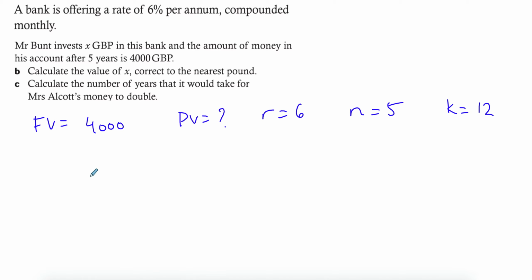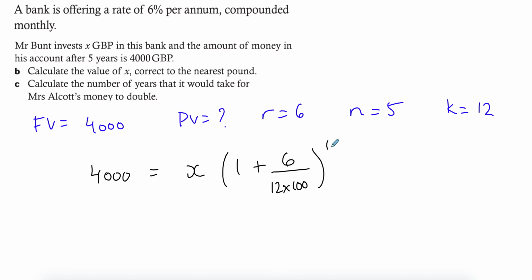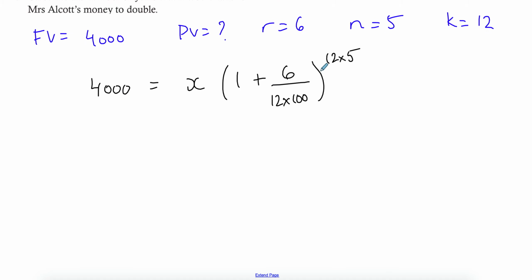Plugging this into the formula, we have 40,000 equals X times 1 plus 6 over 12 times 100 to the power of 12 times 5. It's pretty simple and pretty straightforward. You just simplify all of this. I'm going to do it step by step, but you don't have to do it in those steps.